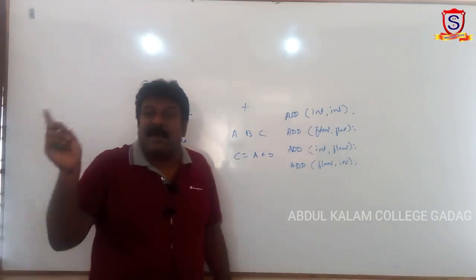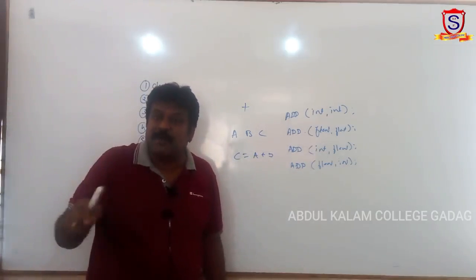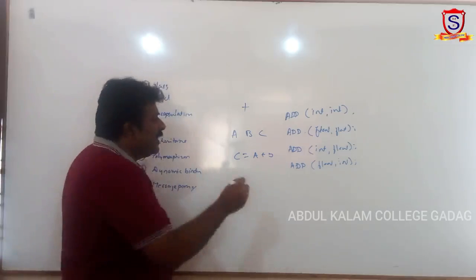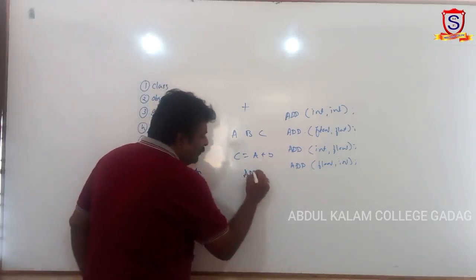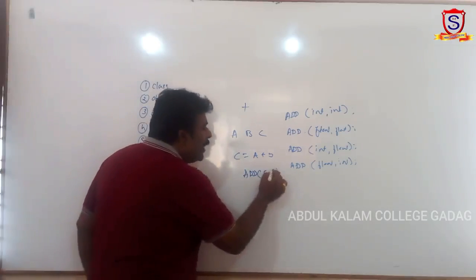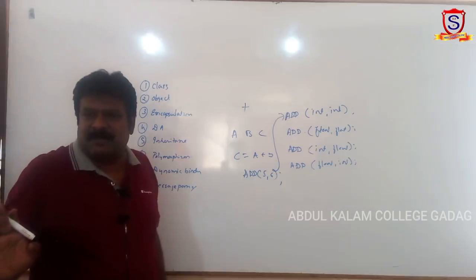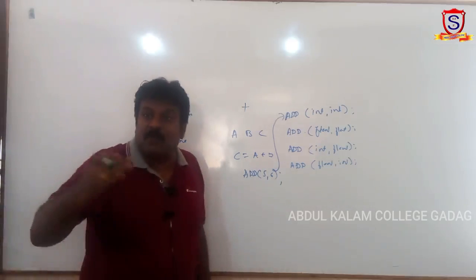Now it is the compiler's headache to decide which function has to be called. If I say add 5, 6, automatically the compiler will call this one. Now it is none of my business. This is what is called function overloading.